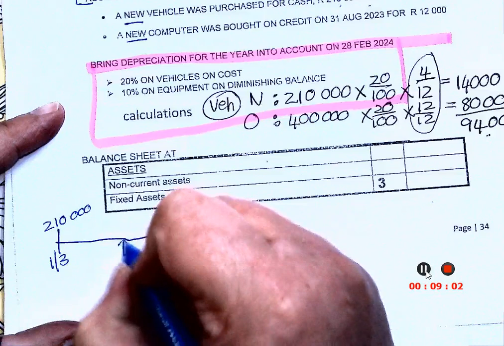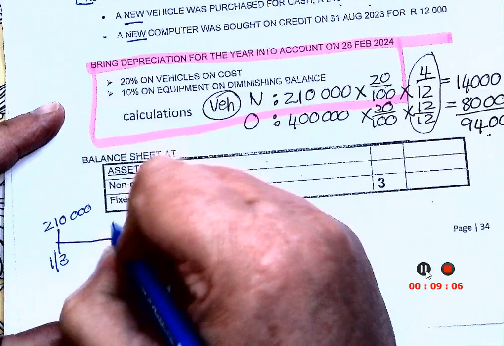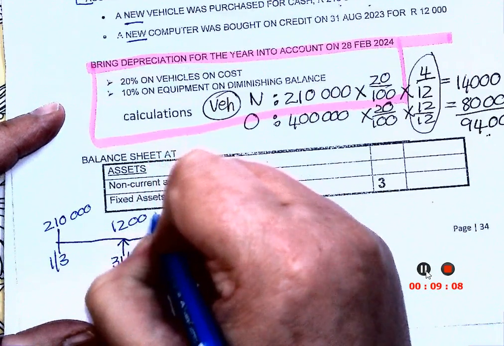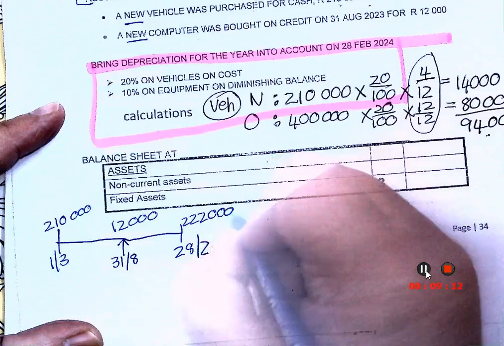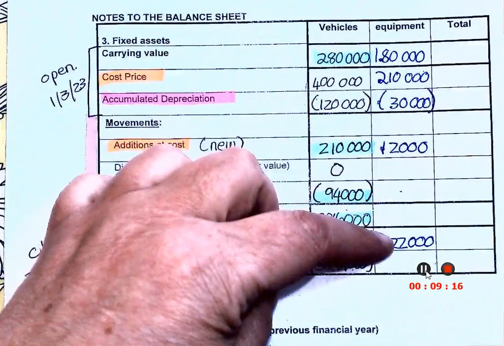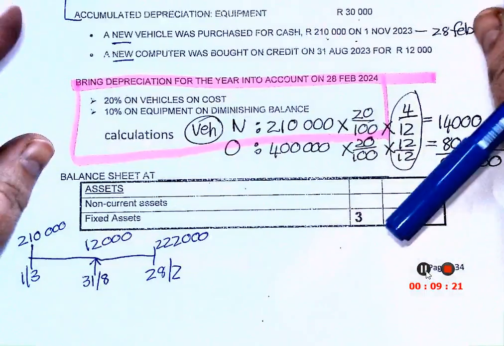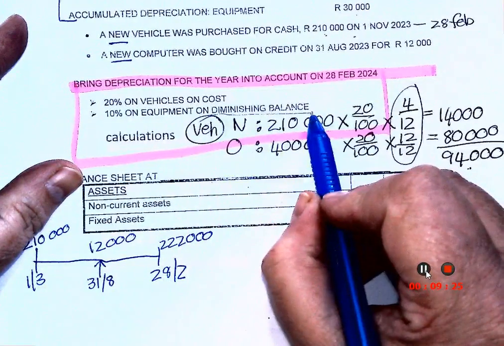I bought 31st August 12 thou. So end of the year it's 222. And you can all see this is exactly what I have. 210, 12, 222. Okay, now I want to do this on the diminishing balance method.